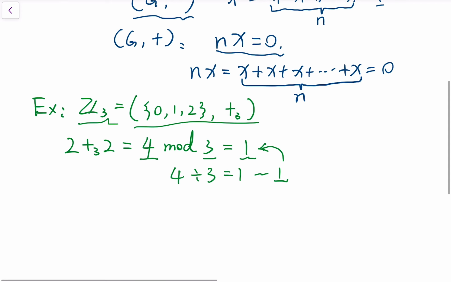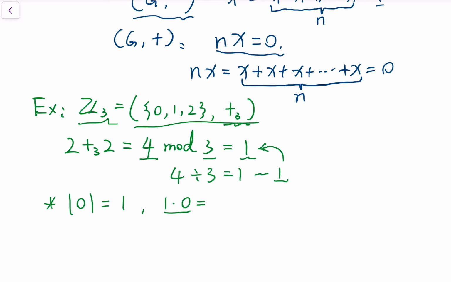Now we can look at the order of its elements. First, what is the order of 0? The order of 0 is just 1. That is because here we are using the addition notation, so we can consider 1 times 0 equals 0.